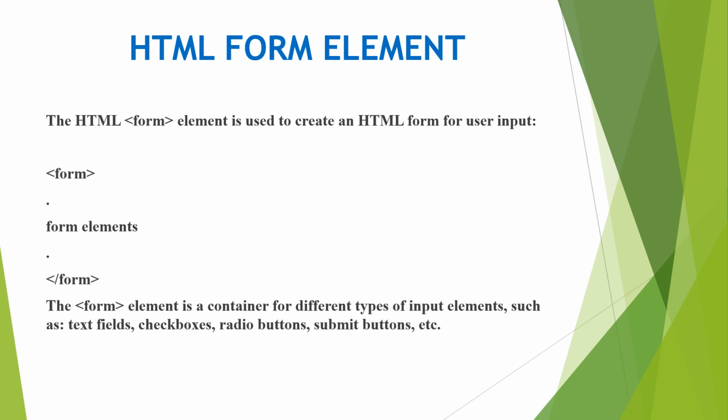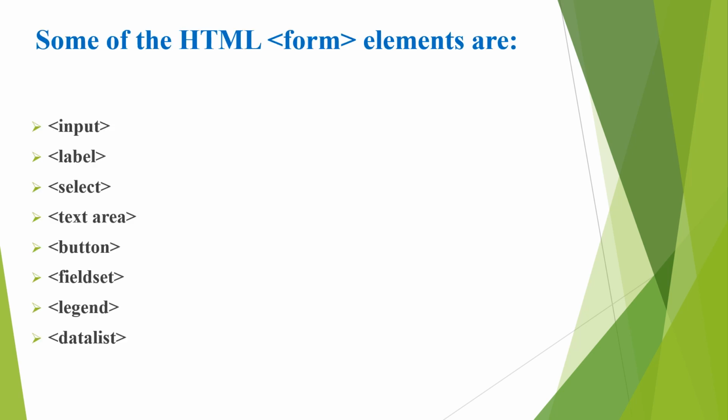The form element is a container for different types of input elements such as text fields, checkboxes, radio buttons, submit buttons, and so on. Some of the HTML form elements are input, label, select, textarea, button, fieldset, legend, and datalist.